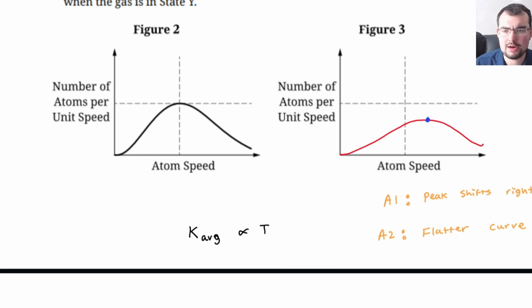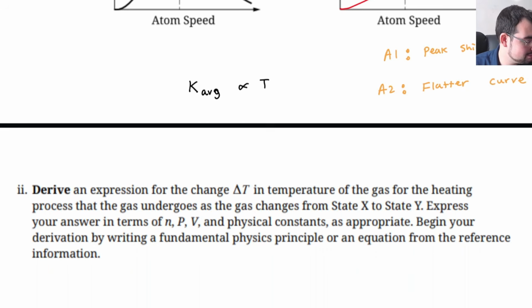And I'm sure that we're objectively defining flatter as your second curve cannot touch this line. So any curve whose peak is to the right of the vertical dash and whose height is below the horizontal dash gets those 2 points. That's kind of interesting. I thought this did a good job of making you deal with some representations that aren't the most common.